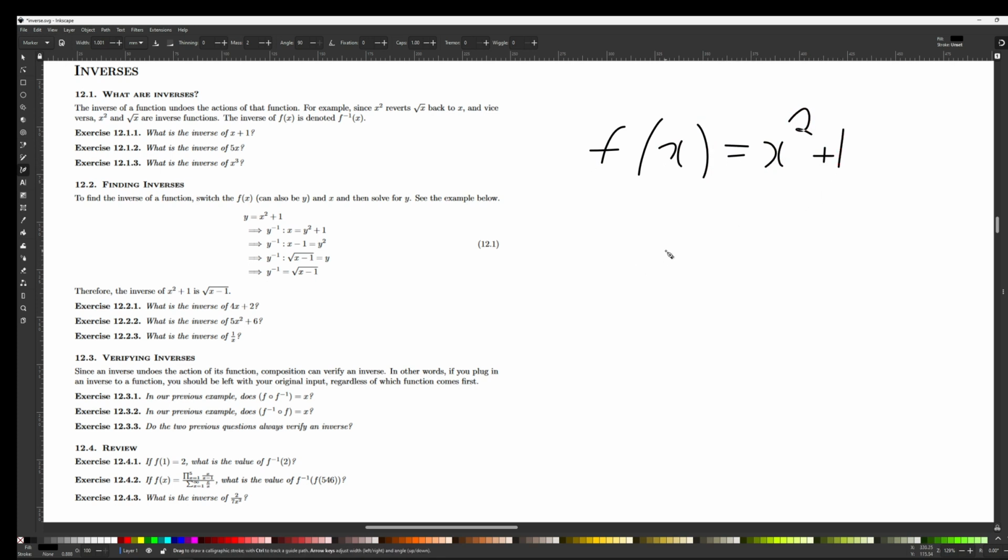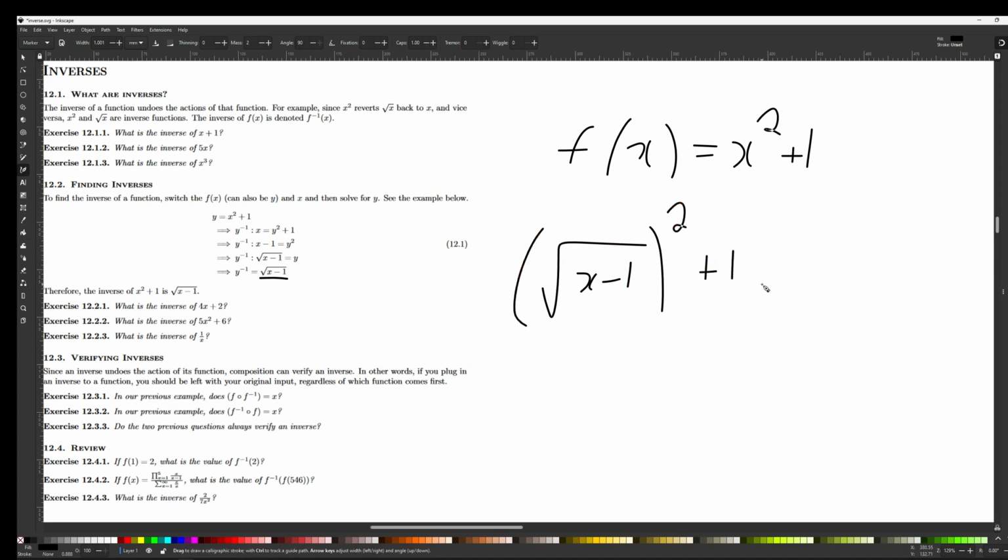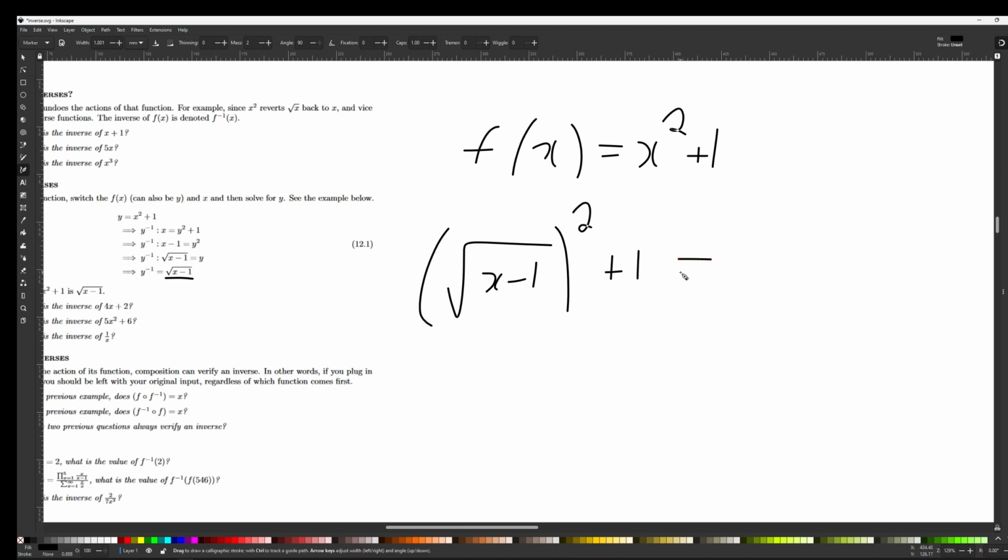And we're going to have to plug in its inverse here, the square root of x minus 1. So we're going to have x minus 1 squared plus 1. And we're going to put a little question mark here, equal to x. If we can pass this first test and pass the second one, then they are inverses.